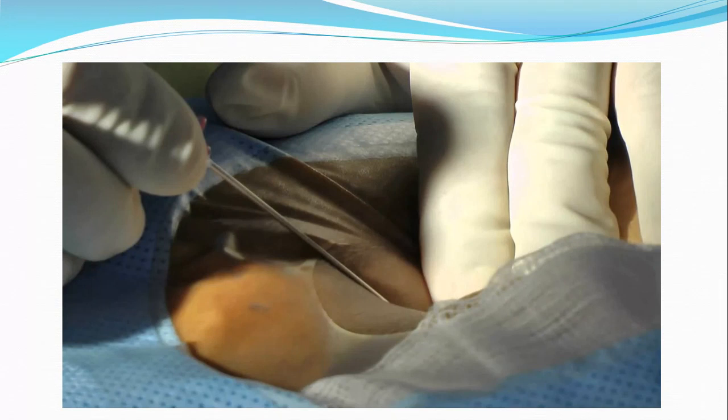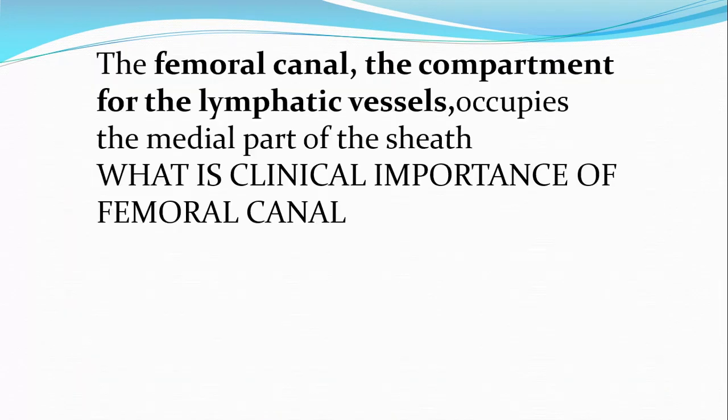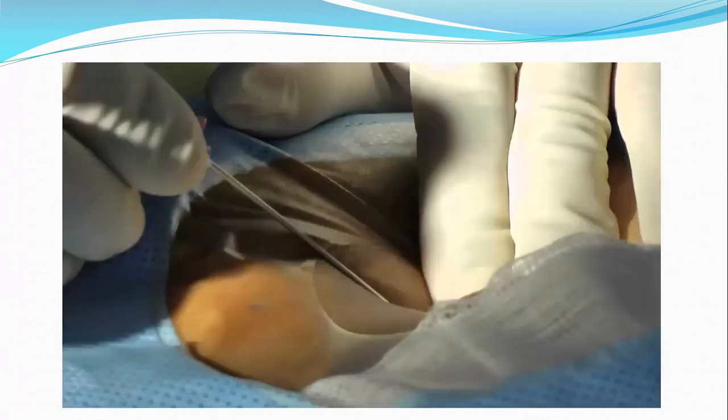Here, what is the person actually doing? With the left hand, the doctor is feeling the pulse of the femoral artery, but with the right hand he is passing a cannula, trying to pass it into the femoral artery, not the vein, the femoral artery.